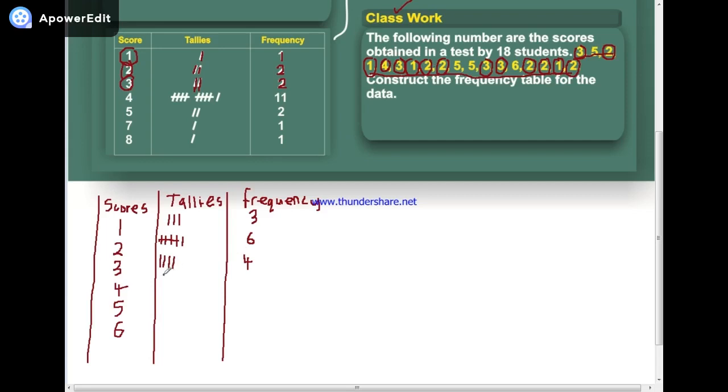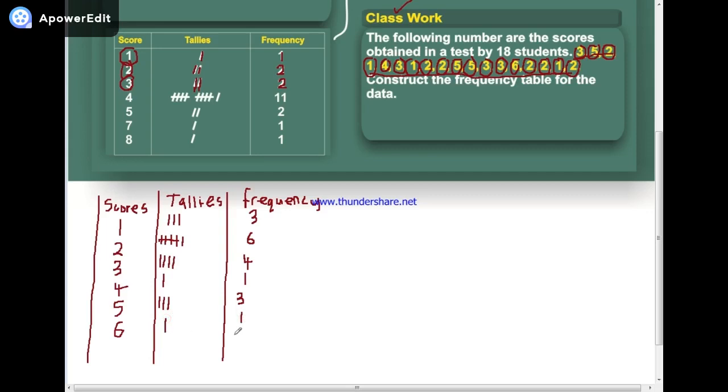So you draw one stroke and interpret it as 1. Now how many 5s do we have there? We have 1, 2, 3. So we have three 5s. We draw three strokes, 1, 2, 3, and interpret it as 3. How many 6s do we have there? We have only one 6. You draw one stroke and interpret it as 1.